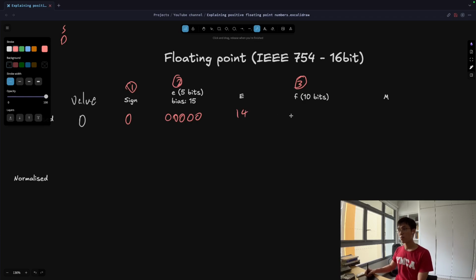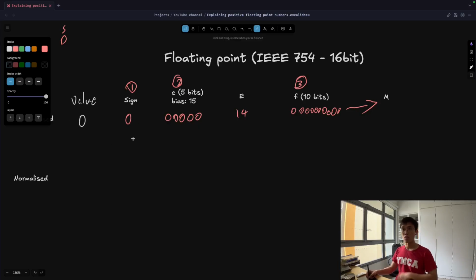And for f, because it's just 0, it's all zeros here. And n here is just the same value. We'll get to m in a bit once we go to a number greater than 0. I realize perhaps this example isn't so great, but at least we start to have an idea of what the numbers do.